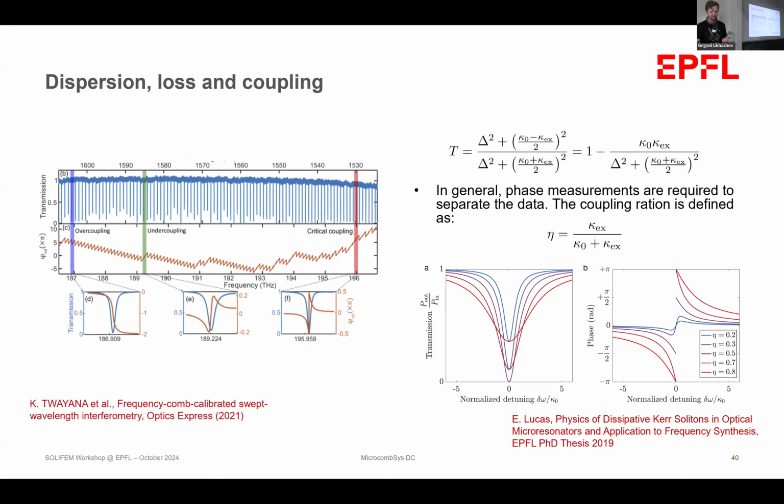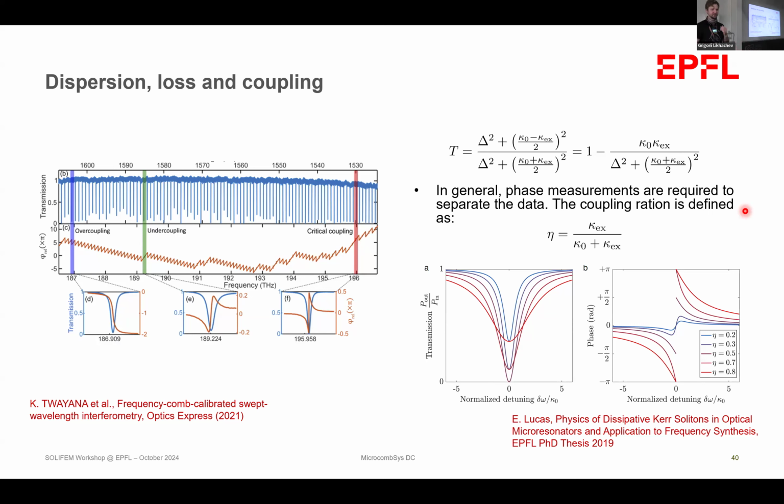And in this paper, it's a really good example of how it works. So here you can see a sample with a bunch of different resonances, and for different resonances, it shows how the phase behaves with respect to the tuning. Yeah. So this is kind of the tool.